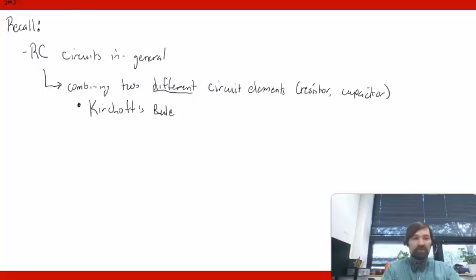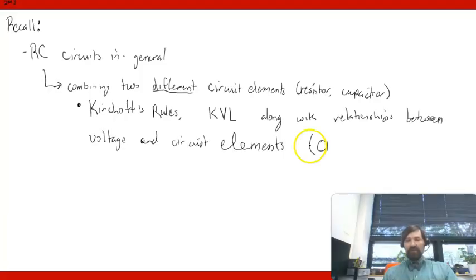We had to use the Kirchhoff rules or laws, specifically the loop rule or the Kirchhoff voltage law, KVL, whatever you want to abbreviate that as, along with the known relationships between voltage and properties of the two elements. That is, for example, Ohm's law and the definition for capacitance.